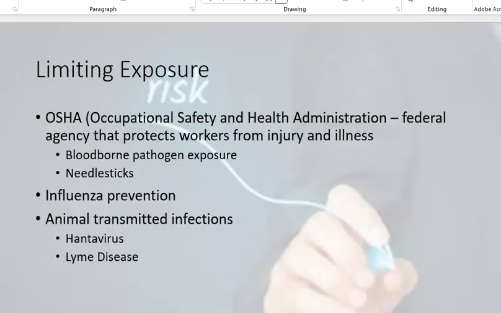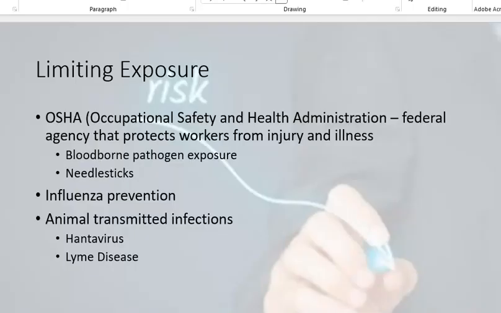They want staff to be vaccinated against Hep B and C. They want to make sure that PPE is present, so that we're limiting the exposure. They push for the flu vaccine as well.